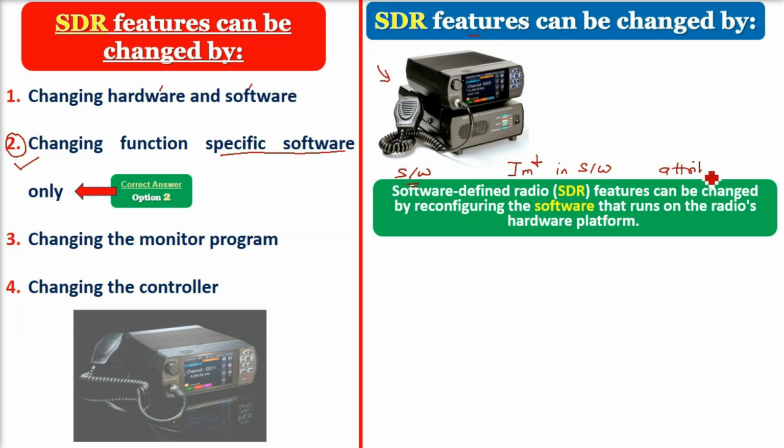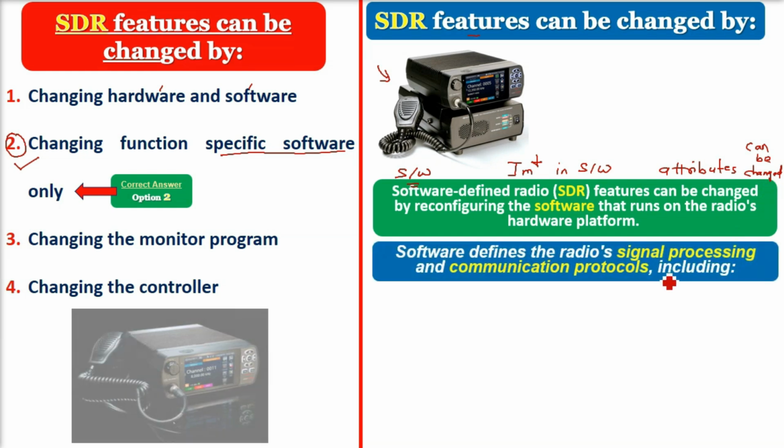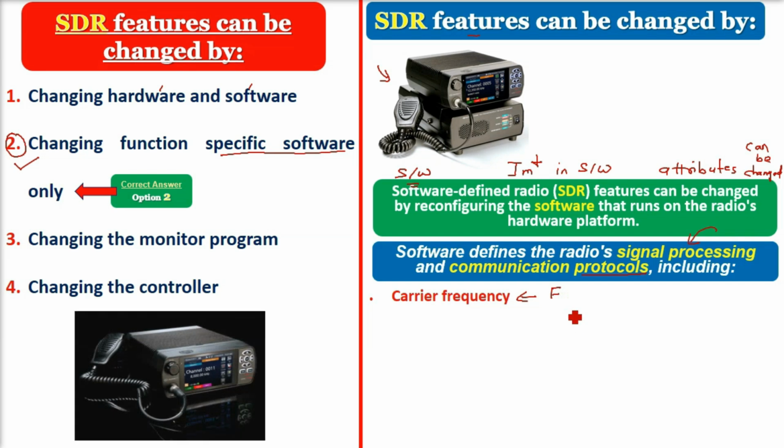Just the specific software part or software code can be changed, and since the different parts, mixers, filters, amplifiers, modulators, demodulators, are mostly implemented in software, you can just change it. SDR replaces the traditional radio hardware components with software, allowing for digital processing of radio signals. The software defines the radio signal processing and communication protocol also, which includes what all you can change, because SDR features can be changed by reconfiguring the software.